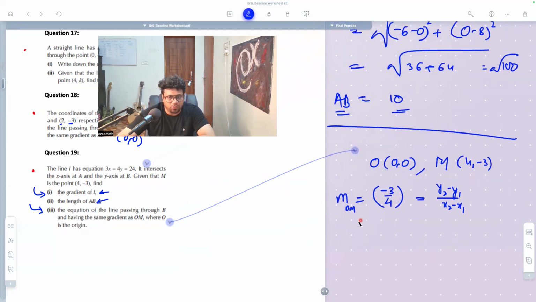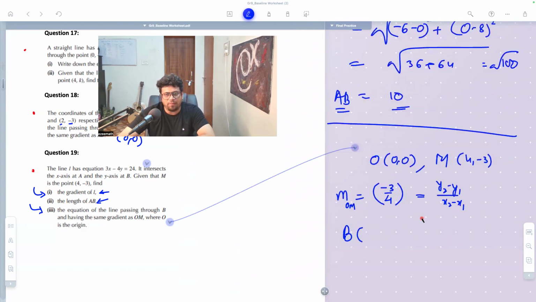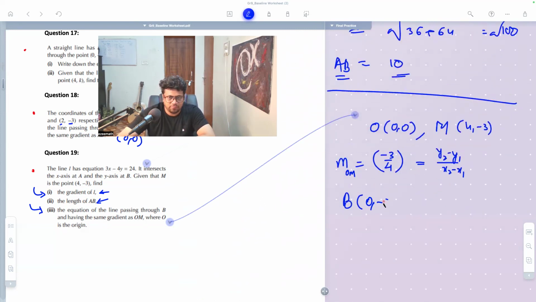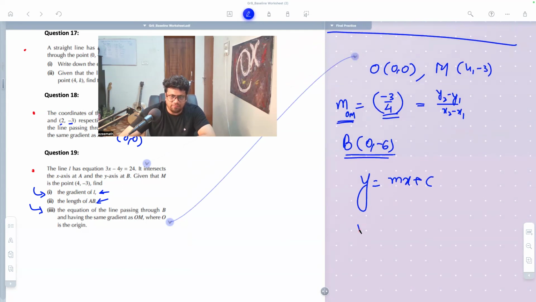And the coordinates of B are (0, -6). If the coordinates of B are (0, -6) and the gradient of the line is supposed to be -3 by 4, the equation is going to be y equals mx plus c always, where y equals m value of -3 by 4 plus c.